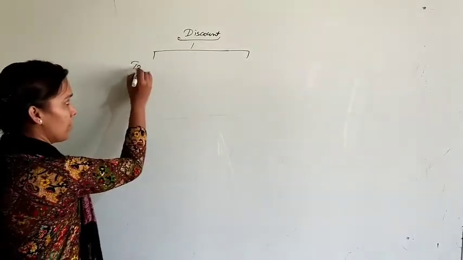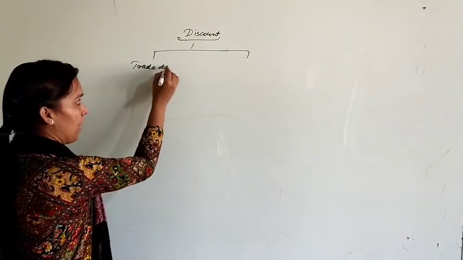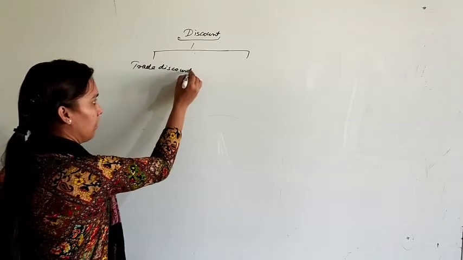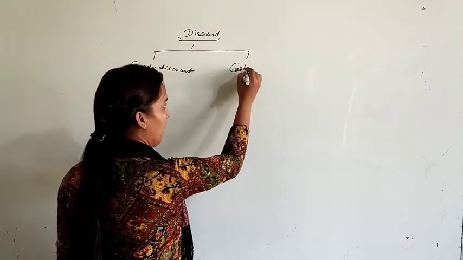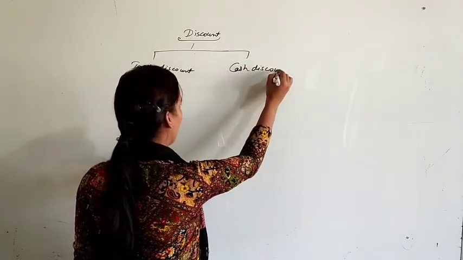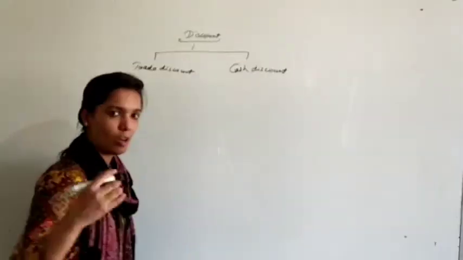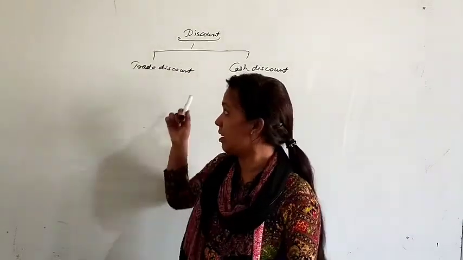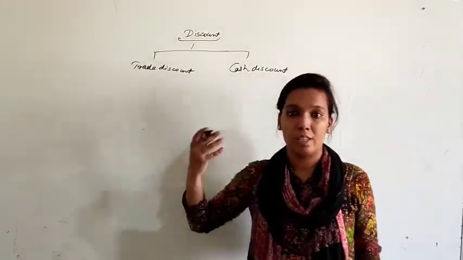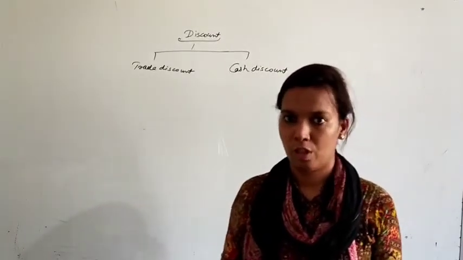In business terms, discounts can be of two types. The first one is trade discount and the second one is cash discount. In our ordinary life we just hear the word discount, but we don't know the types of discount or the actual meaning.